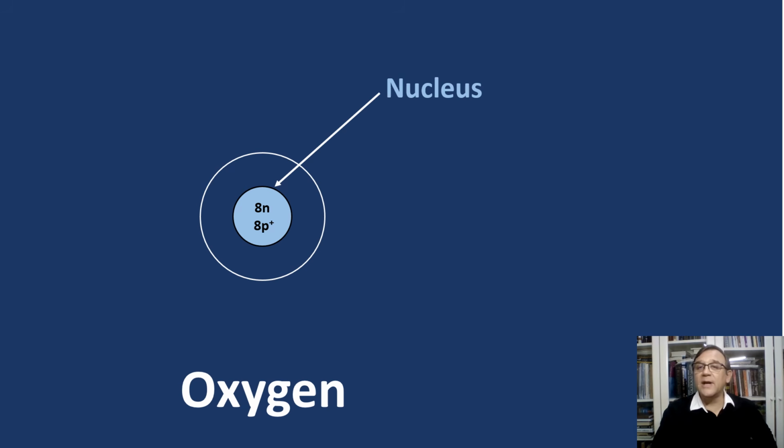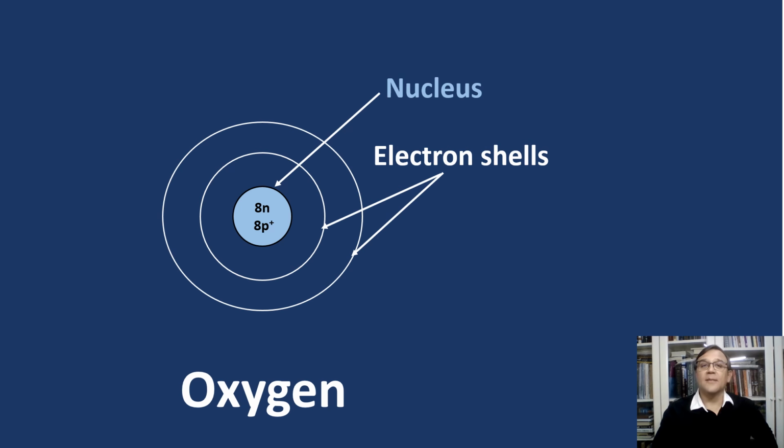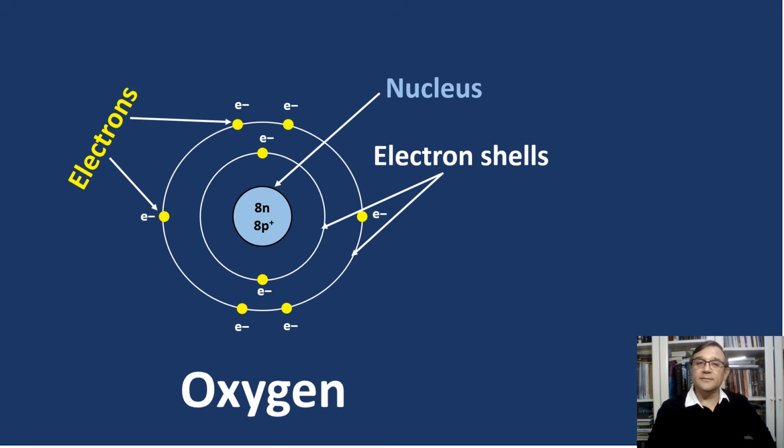Surrounding the nucleus are electron shells, and in the case of oxygen there are 2 electron shells. Each electron shell contains electrons, which are negatively charged. What you see here is the electron cloud around the nucleus formed by these electron shells.